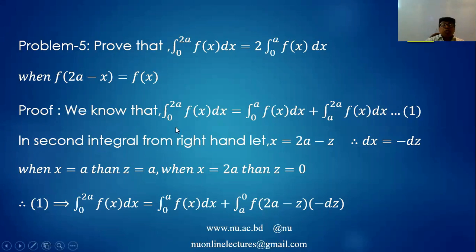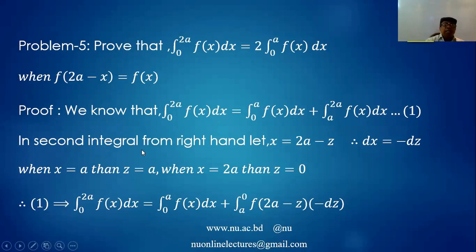We know integration 0 to twice a f of x dx equals integration 0 to a f of x dx plus integration a to twice a f of x dx, from the previous properties that we proved already. This is number one.